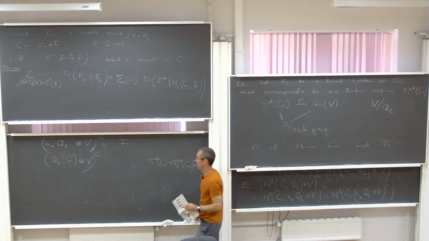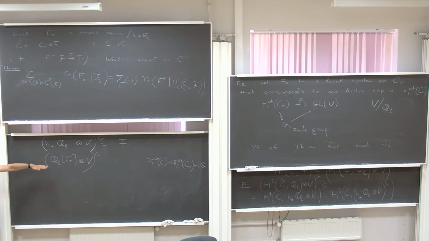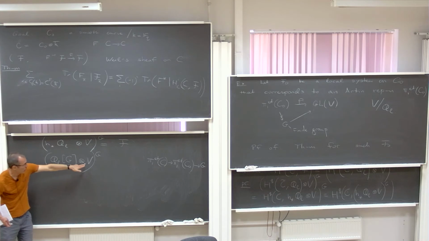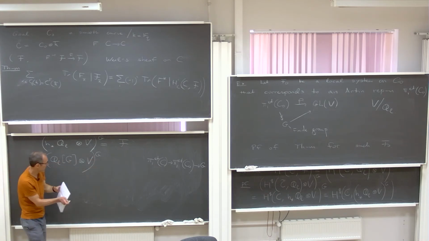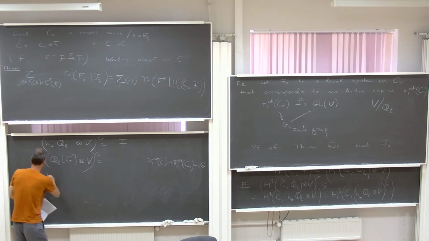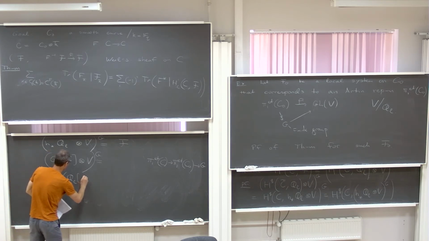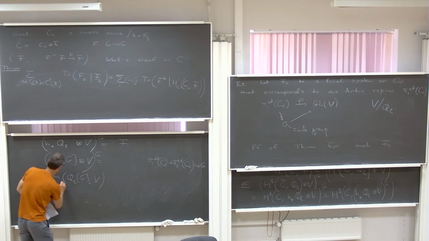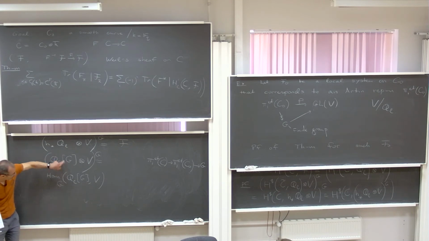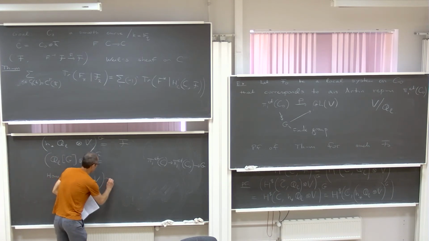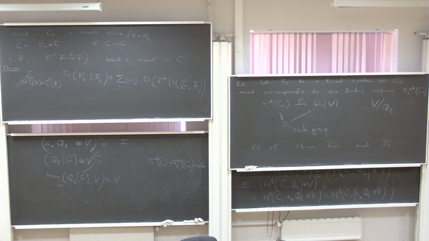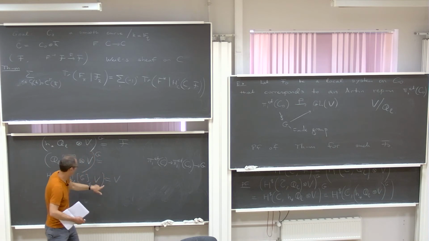So now we are reduced to a result in group theory: if I take the regular representation, tensor it with V, and then take invariance, that's the same as Hom from QL of G to V over G, because this is self-dual, and such Hom is the same as V. So this way, we identified this object as a representation of the fundamental group with V itself. Okay? And this completes the proof.